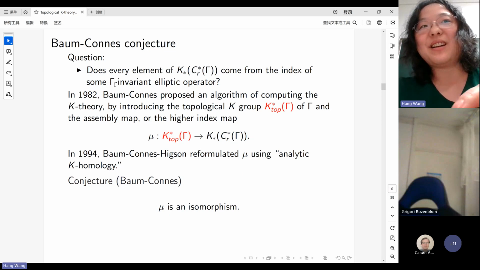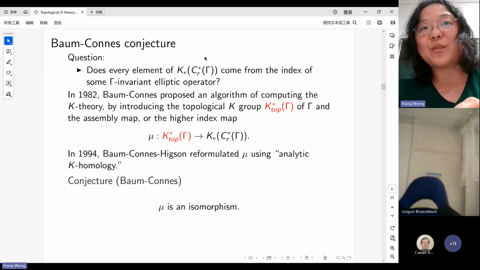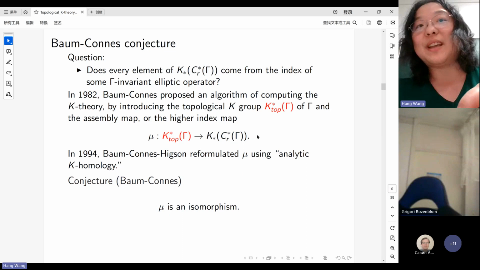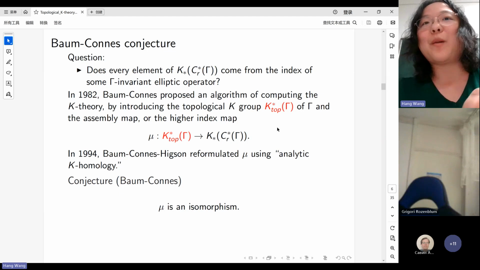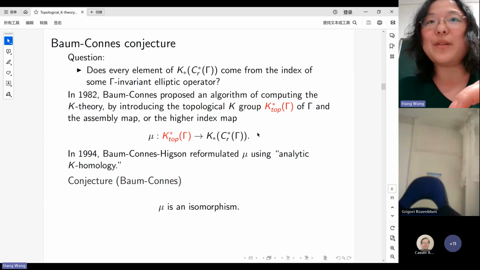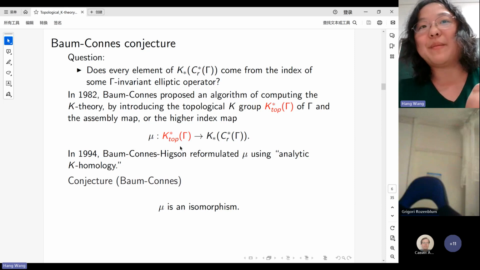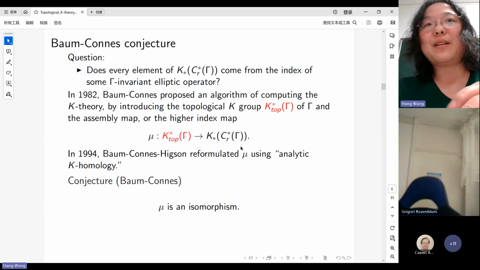Namely, in 1982, Baum and Connes proposed an algorithm of computing the K-theory of the group C*-algebra by introducing something called topological K-theory of gamma. And this is some of the main object of today's talk. Going from that topological K-theory, one can formulate something called the assembly map, or higher index map, into the K-theory of the C*-algebra.